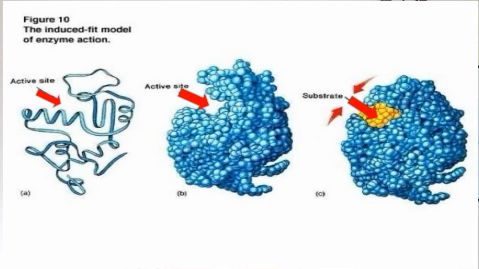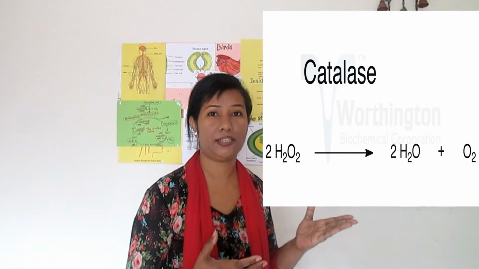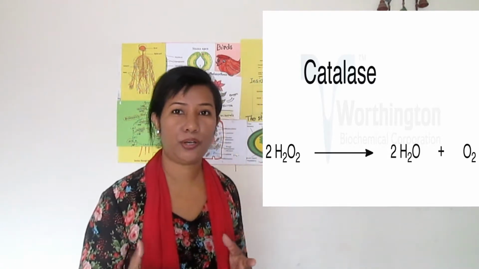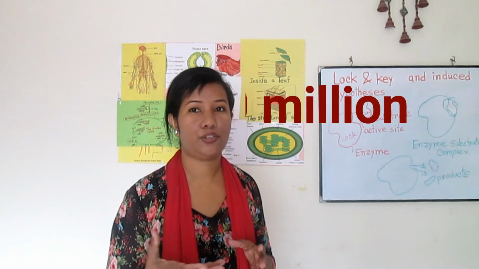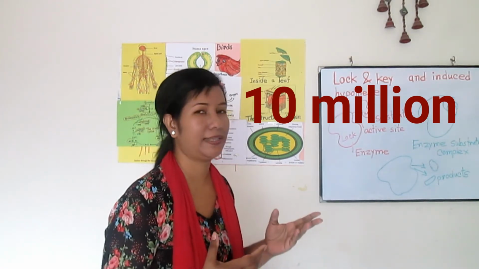The enzyme catalase, for example, can bind with hydrogen peroxide, which splits into water and oxygen, and release these products at a rate of 10 million per second.